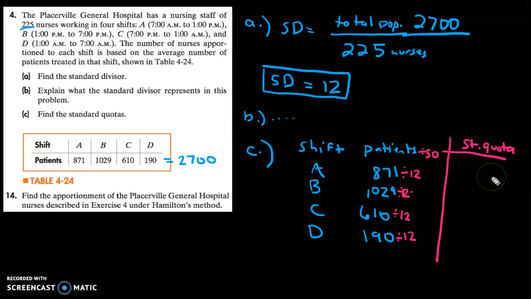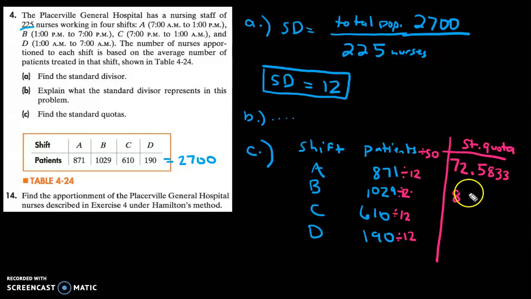So first up, 871 divided by 12 is 72.583 repeating. You might want to be careful not to round too much, because in Hamilton's method we see who has the most residual, or what decimal is the closest to rounding up. If you round them too much, you lose some accuracy, and sometimes it's hard to tell who would be the closest to rounding up.